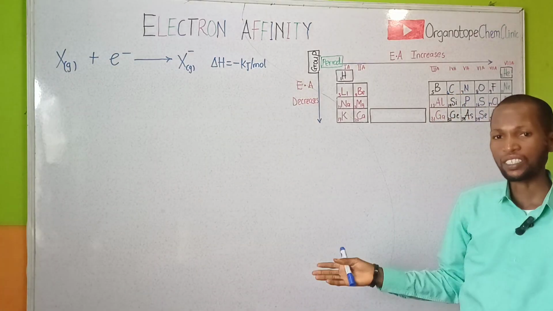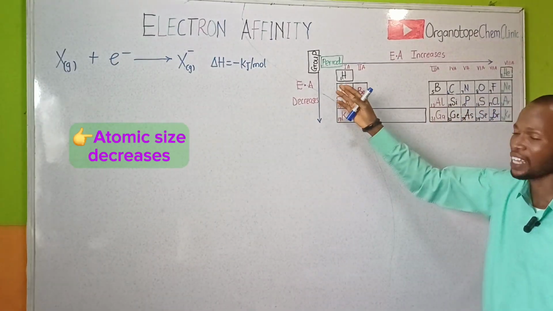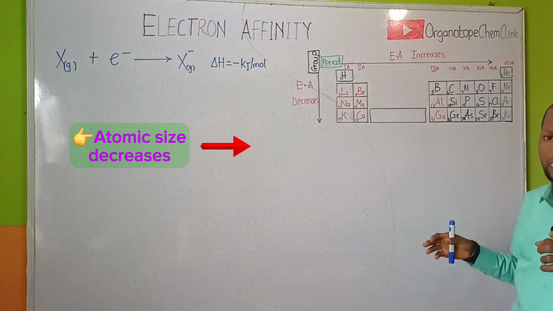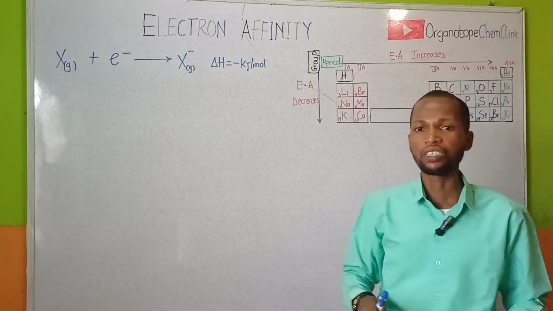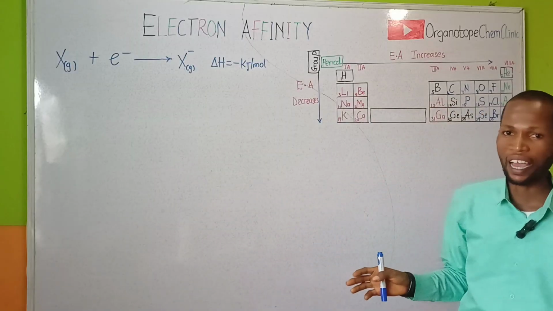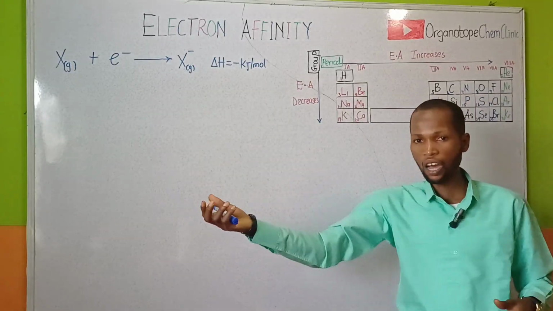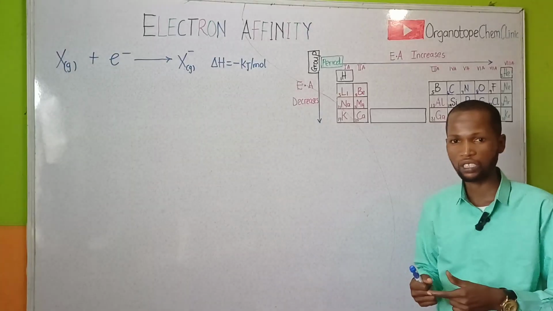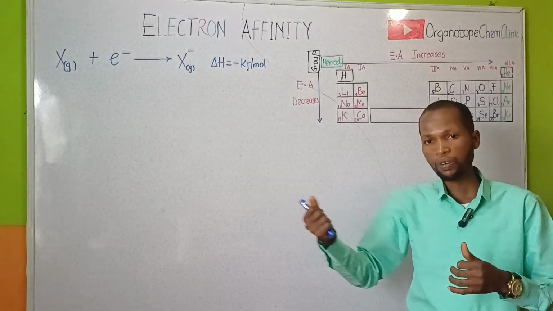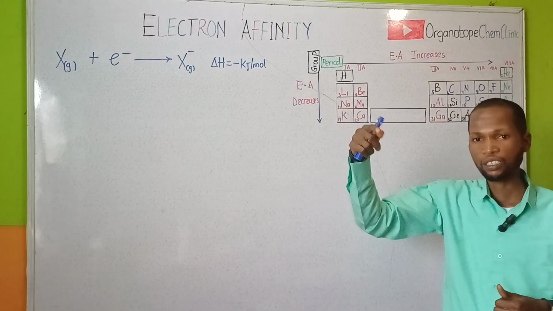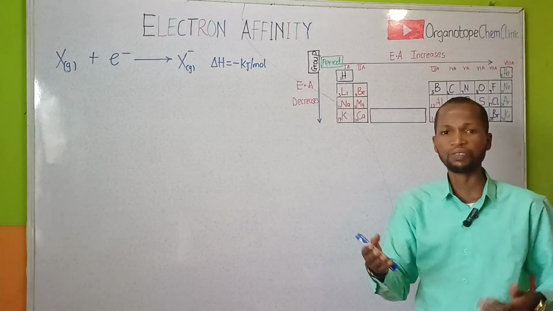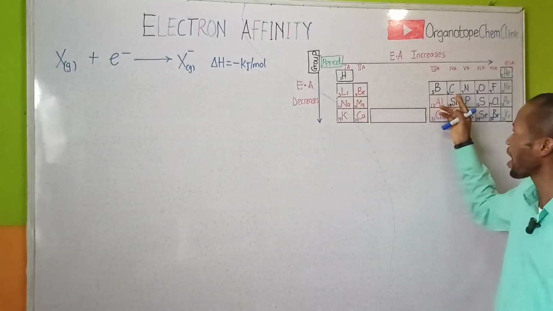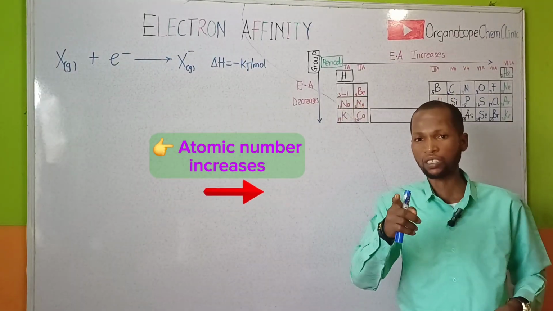So why do we have an increase in electron affinity from left to right across the period? Note that the atomic size of elements across the period decreases, and also electron is being added to the same shell, which implies that electrons are drawn nearer to the nucleus. That is, we have a compression of the electron cloud towards the nucleus. And also we can observe that the atomic number of elements increases across the period.